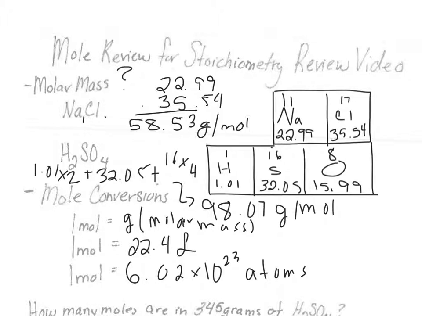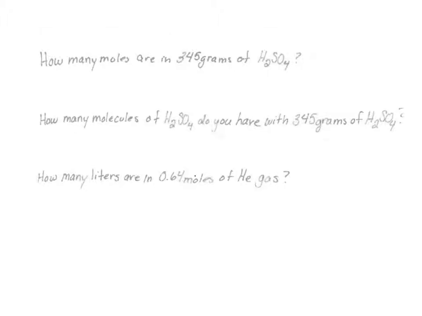And to refresh your brain about the 1 and 2 step problems, let's work out a couple examples with sulfuric acid. In this problem, I'm going from grams to moles. And if we look ahead, we're going grams to molecules here.